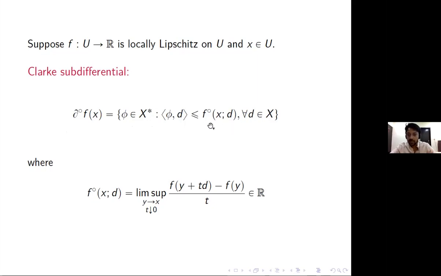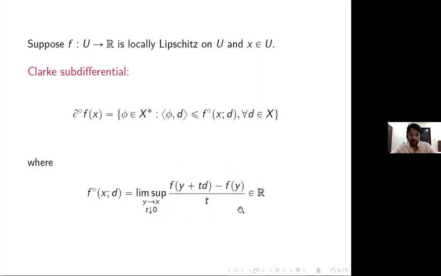Now, this quantity is a generalization of the directional derivative, and this is known as the Clarke directional derivative. So with the help of the Clarke directional derivative, the Clarke subdifferential is defined.